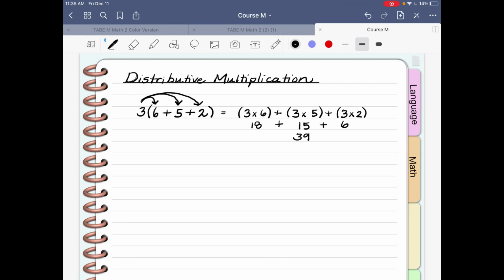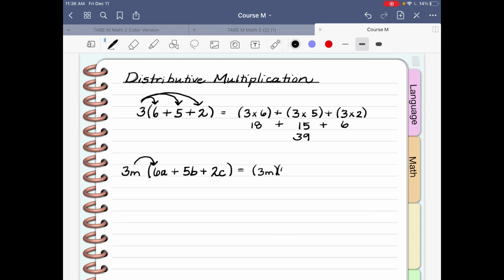So let me show you what happens if we add a variable to this situation. So I'm going to do 3m times (6a + 5b + 2c). So let's do this using variables. And I'm going to need all the space I can get, so let me slide that back. Okay, so we follow the process. 3m times 6a.